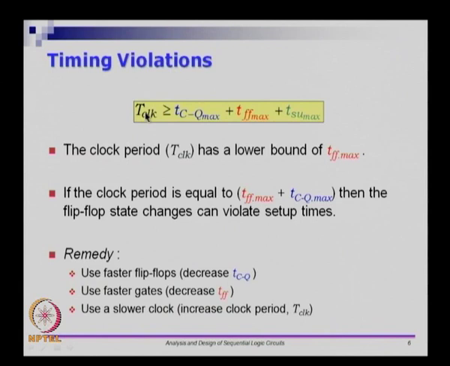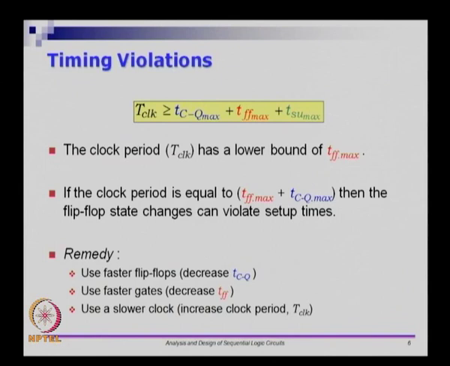So this is something that is under your control, but sometimes you have a target. I want to design a 2 gigahertz chip, in which case T clock will be 0.5 nanoseconds. So if I want a chip at a certain target, then I have to go and redesign either the circuit or redesign the flip flop so that the setup times are not violated.